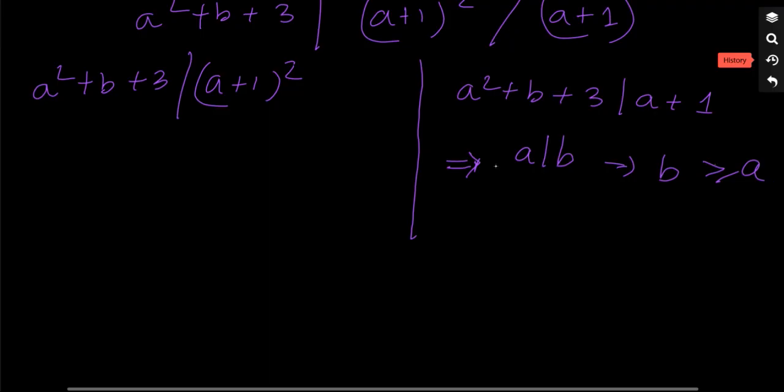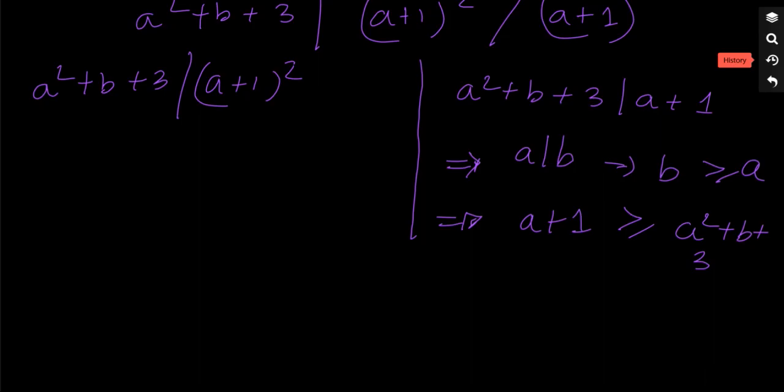This is a very common rule, theorem or lemma. So what does that mean? From that we can write that a+1 is greater than or equal to a square plus b plus 3. Believe me, just think about it.